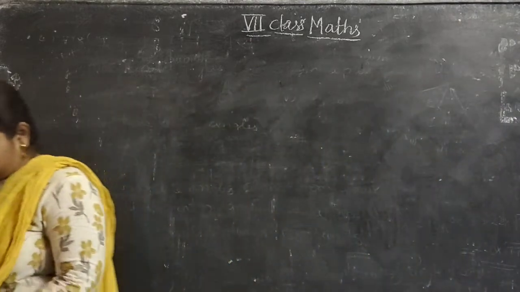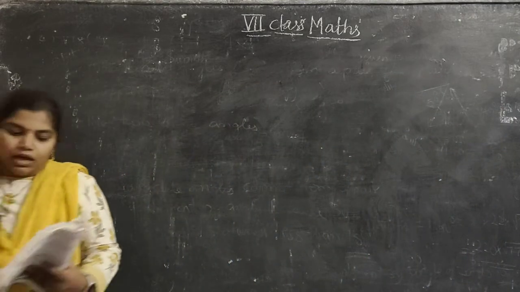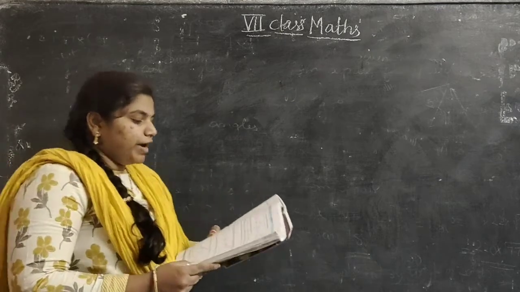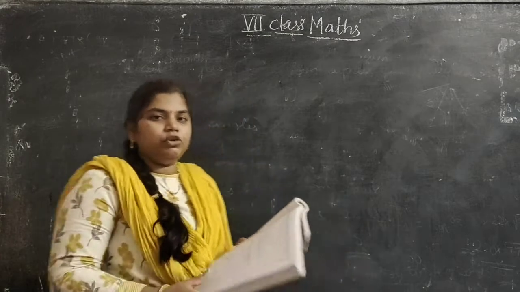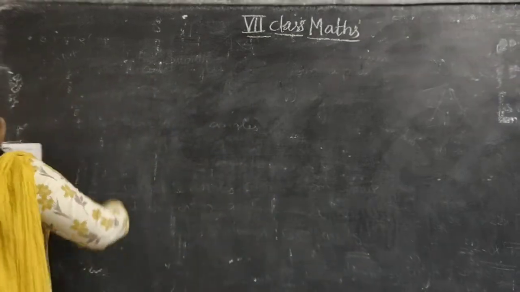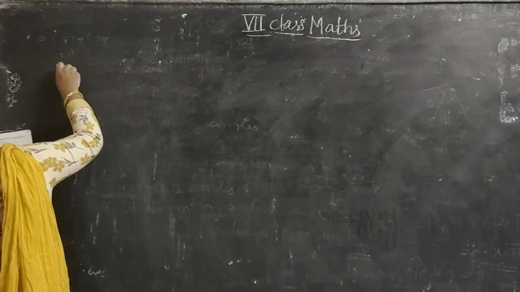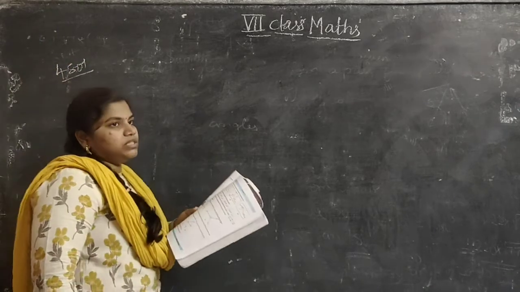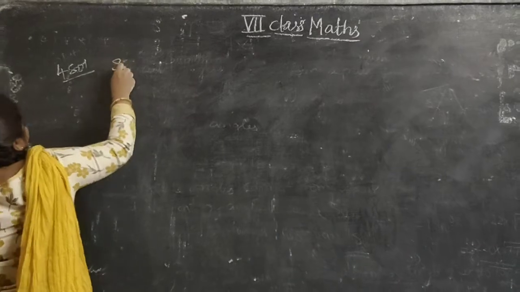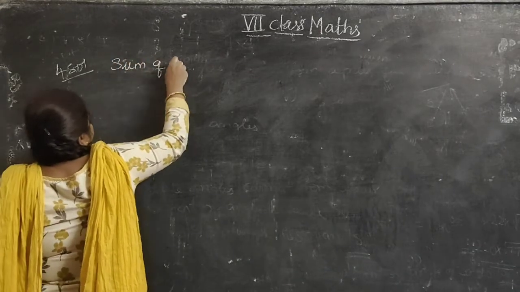The last one: two angles are equal and supplementary to each other, find them. Two angles are equal, and if you add them, they are supplementary to each other. What are the angles we have to find? So the fourth bit: two angles are equal and supplementary to each other. Supplementary means the sum of the two angles should be equal to 180.